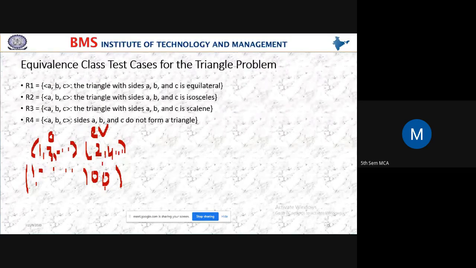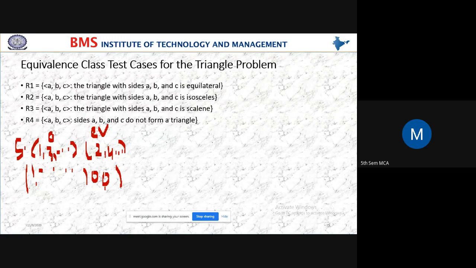Assume I want to check whether the given triangle is equilateral, scalene, or isosceles. If I have to take only the odd numbers, then I can use only S1.